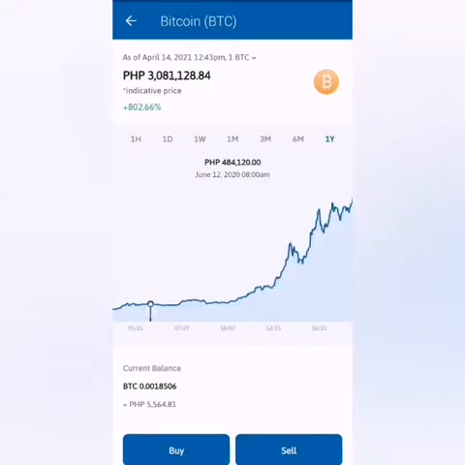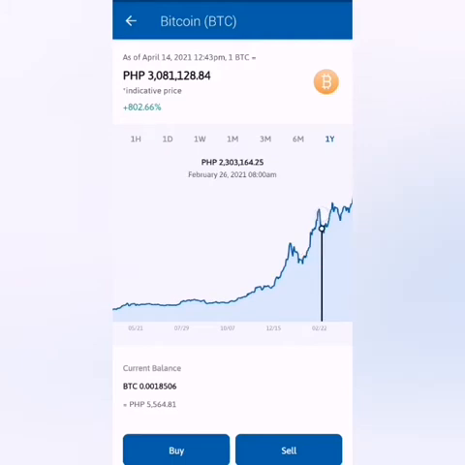But as you can see here, the value is only at 484,000 last year for June 2020. And then it went up to 1.5, 1.9 around December. And then it went back down again to 1.6, and then 2.3, and so on and so forth.